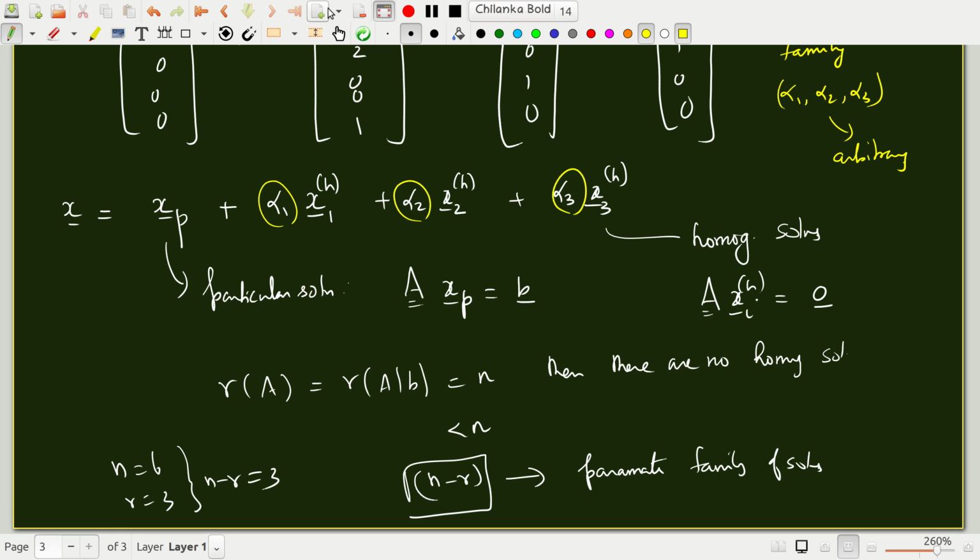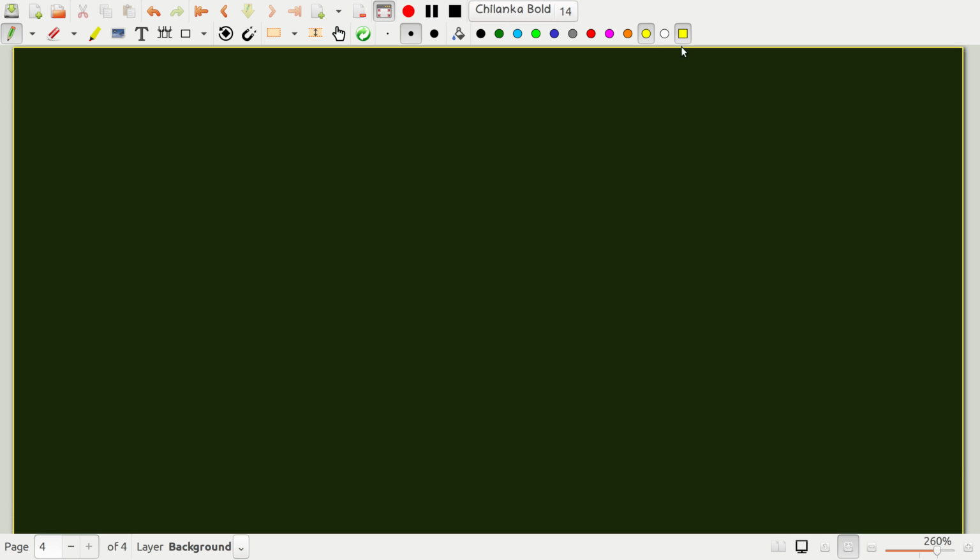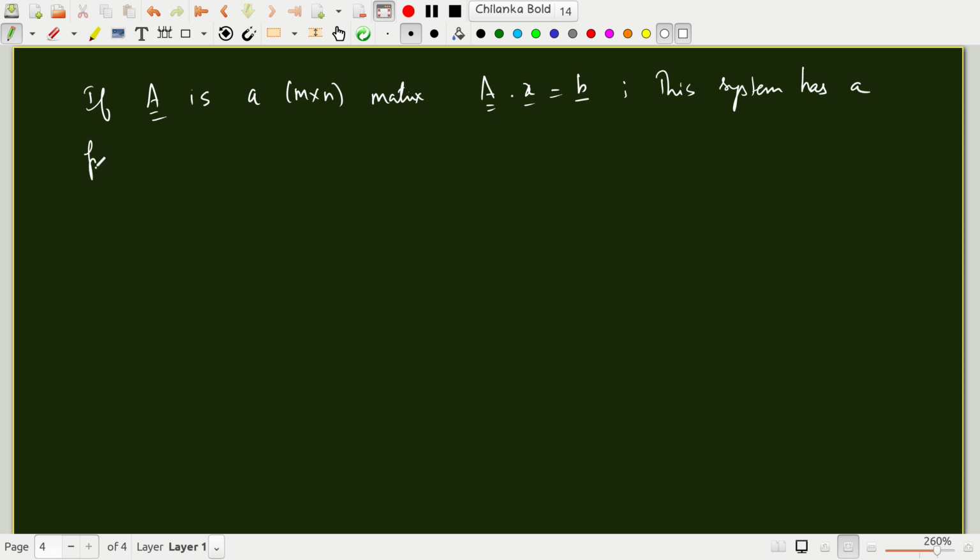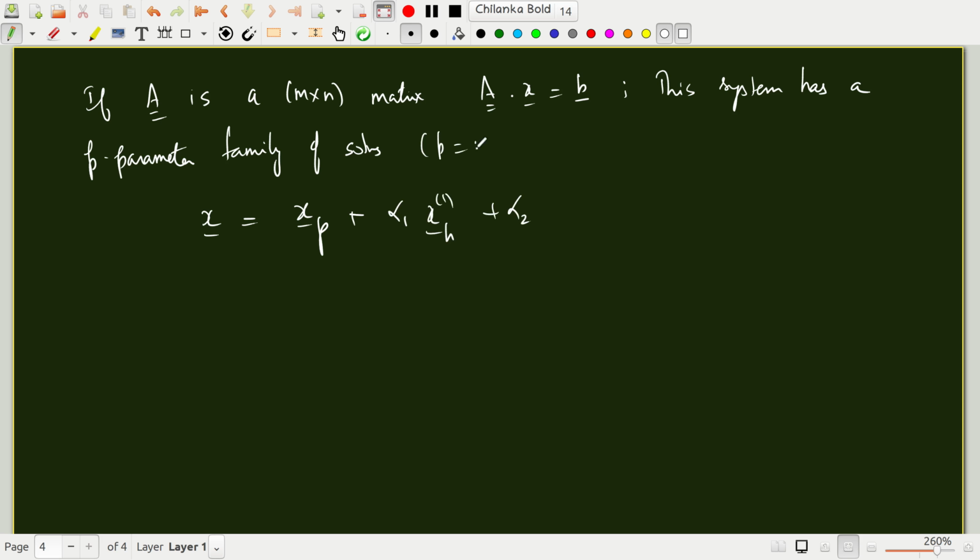Now in general, therefore, if A is an m by n matrix, and you are interested in solving Ax is equal to b, this system has a p parameter family of solutions as follows: x is x particular plus alpha 1 xh1 plus alpha 2 xh2 plus up to alpha n minus r xh n minus r, where p is equal to n minus r.